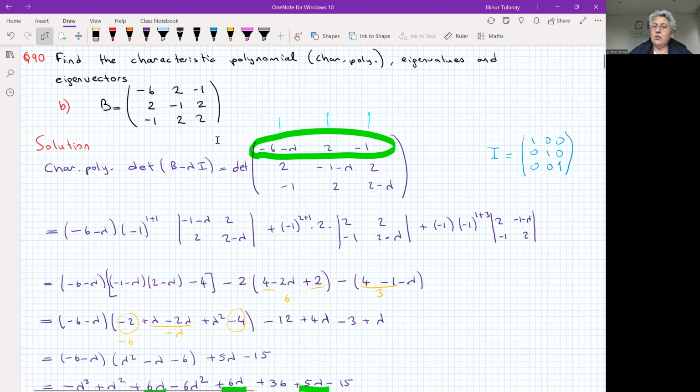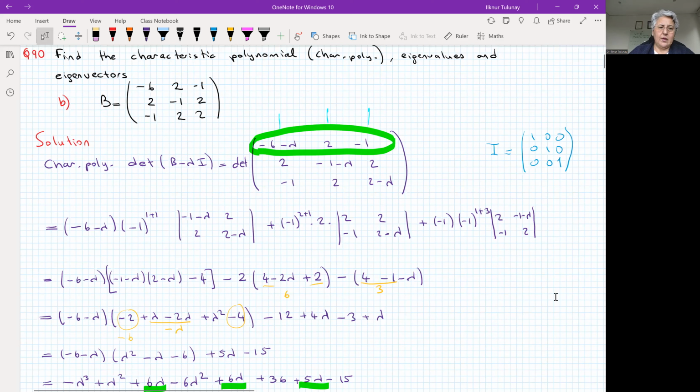We remove the first row and last column, and the minor matrix left is 2, minus 1 minus lambda, and -1, 2. So we are going to calculate these little 2x2 determinants, make the whole quantity equal to 0, and find the lambdas. Whatever the lambdas are will give us the eigenvalues.